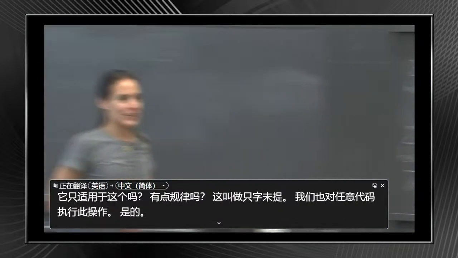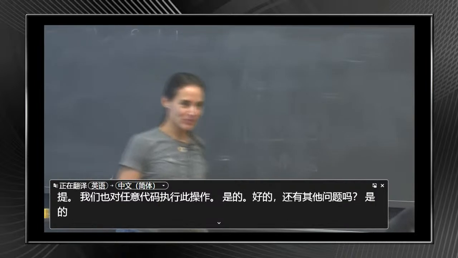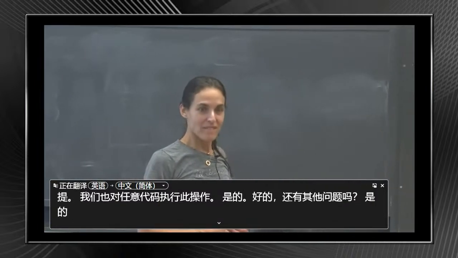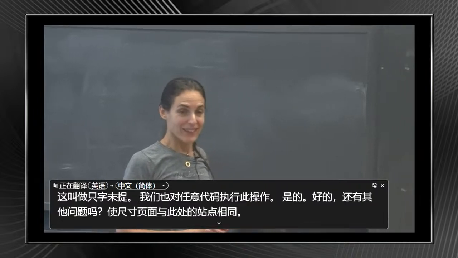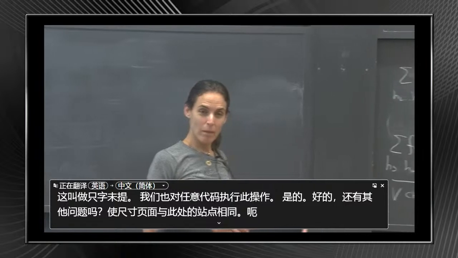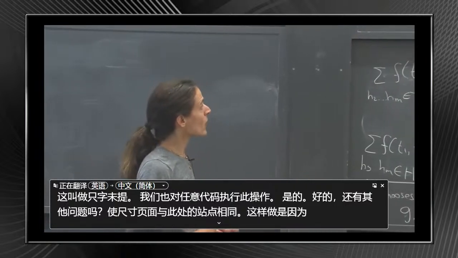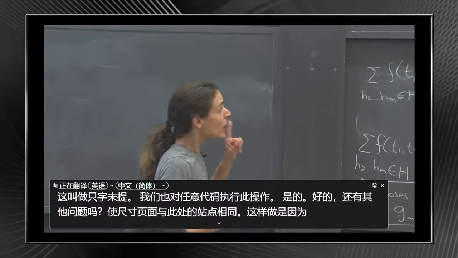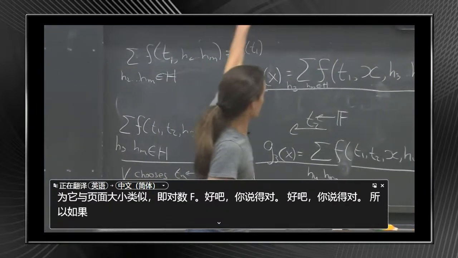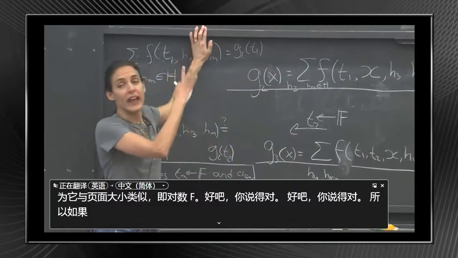Okay, any other questions? Yeah? I think I heard someone bring up making the size of H the same as the size of F. In that case, wouldn't there be no point in doing this? Yeah, okay, you're right. Let me go back. The question is, what should this H be?